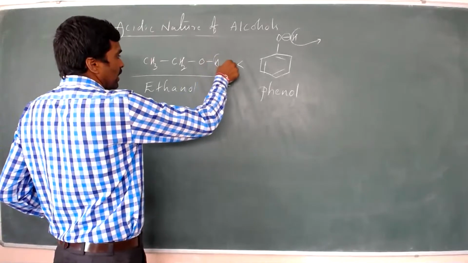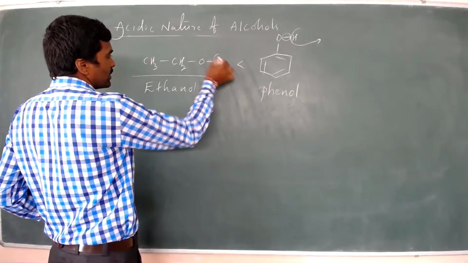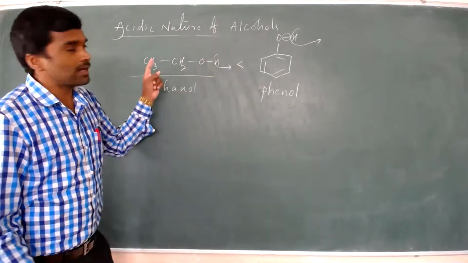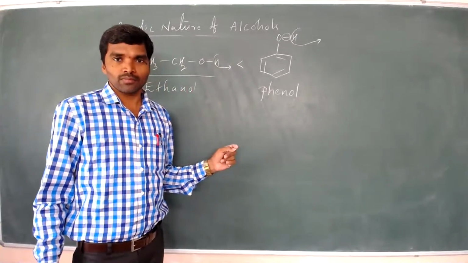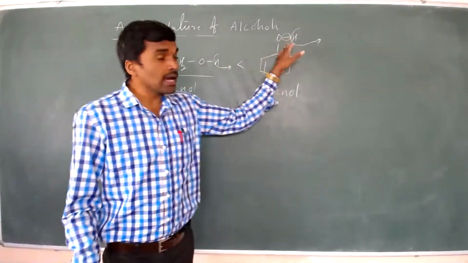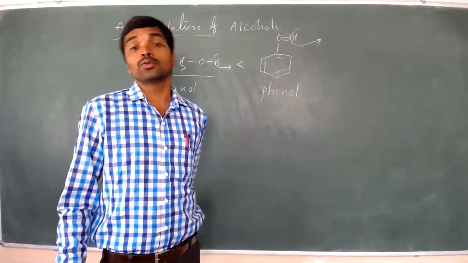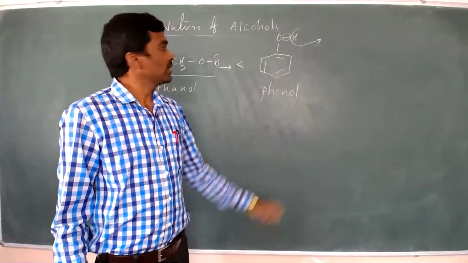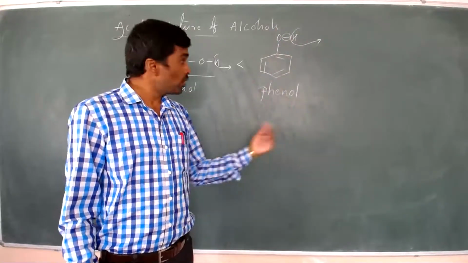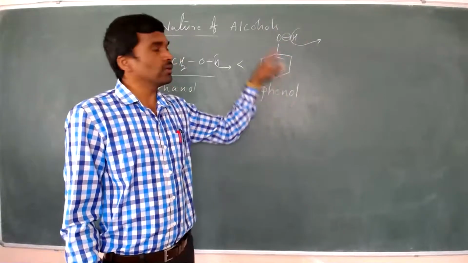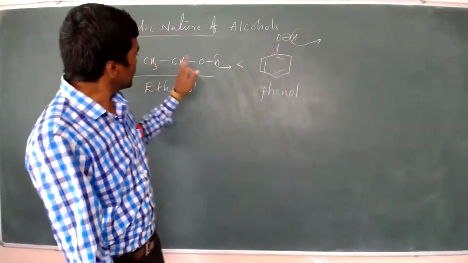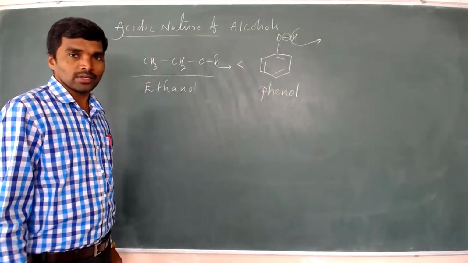When the proton from alcohol is liberated, the ethoxide ion is formed. This phenoxide ion is more stabilized due to resonance compared to the ethoxide ion. Okay, you got this point?